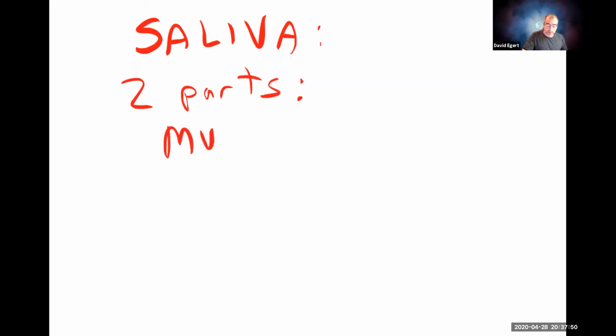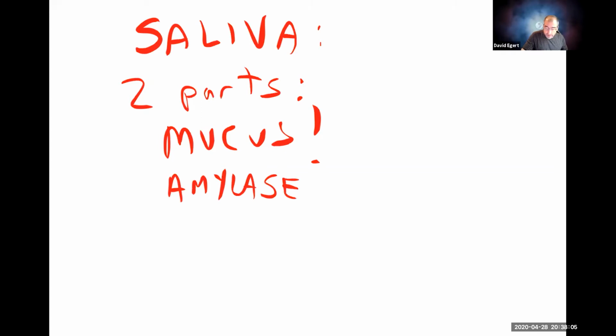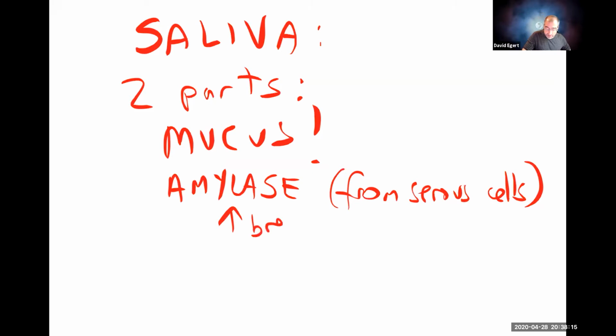One part is mucus. And then the other part is basically amylase, from serous cells. Amylase breaks down starch.